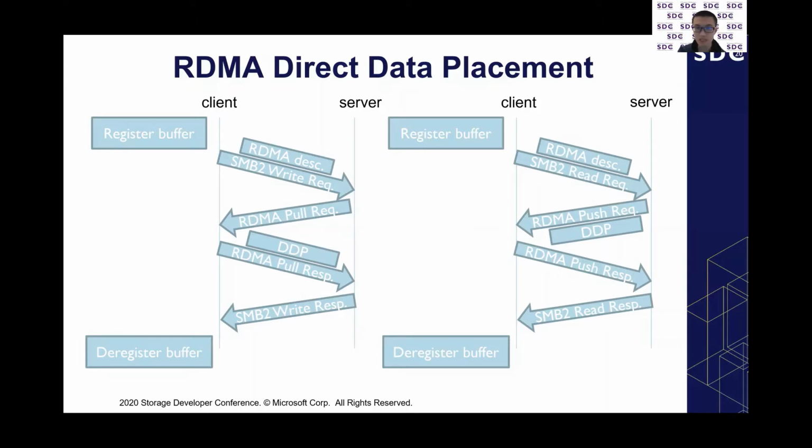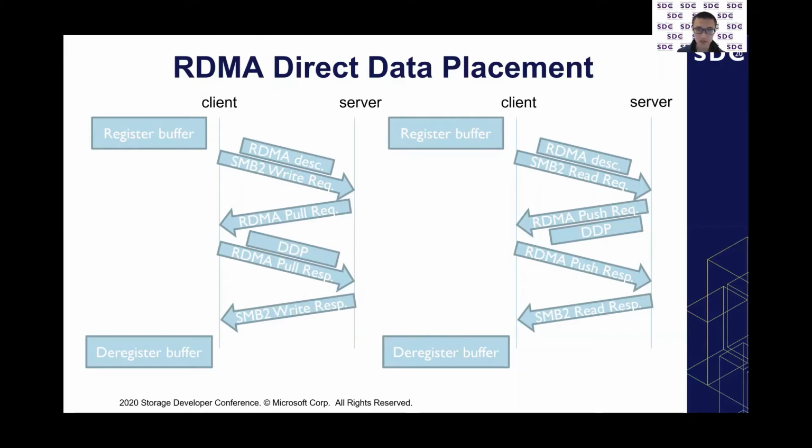Once the server validates the request and the token, it will instruct the server RNIC to issue an RDMA pull request to pull the client buffer into a destination buffer that the server specified. This is the direct data placement process, and this process does not cost any CPU on either the client or server.